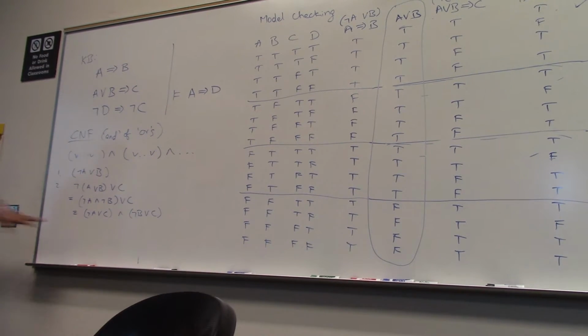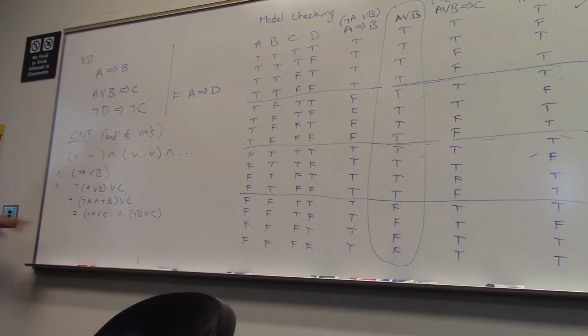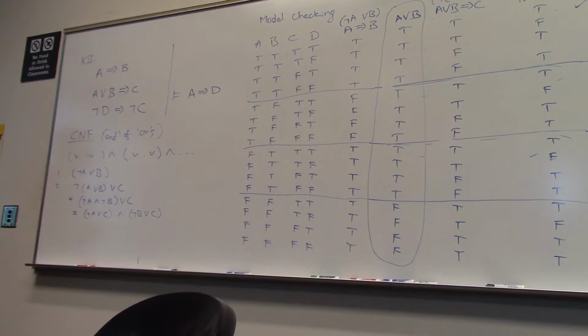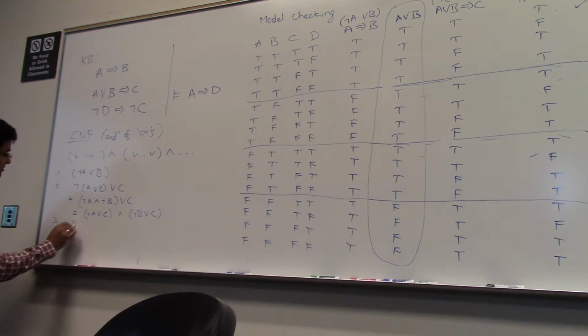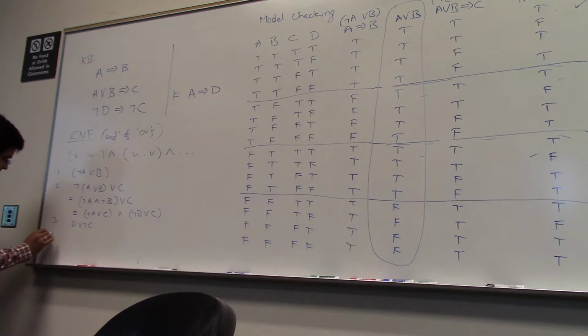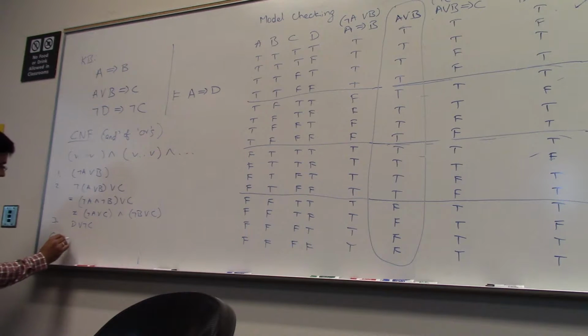Now it looks like an AND of ORs, and all the negations are only at the terms. For the third one, it would be D or not C. This is D or not C, and everything looks fine because negations are at the terms. And then the goal.